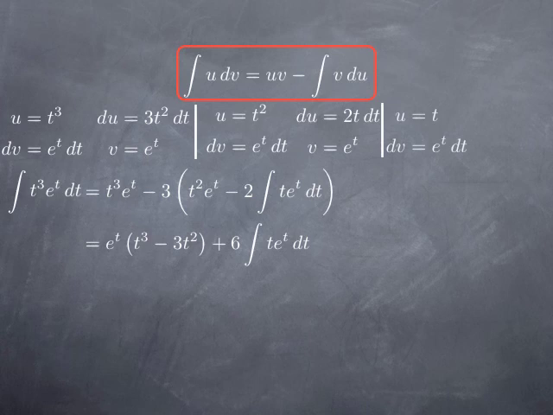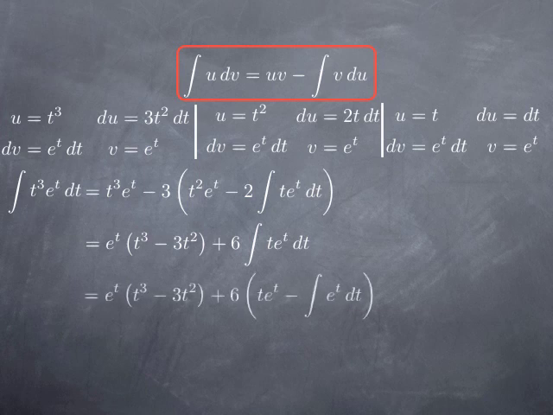So we're going to again differentiate t, integrate e to the t. So we obtain dt for du and e to the t for v, and apply the integration by parts formula for this integral. We have the first term unchanged, e to the t times t cubed minus 3t squared, plus 6 times what we obtain applying the integration by parts formula, namely uv is t e to the t, minus the integral of v du, which is just the integral of e to the t dt, but the integral of e to the t is just e to the t.